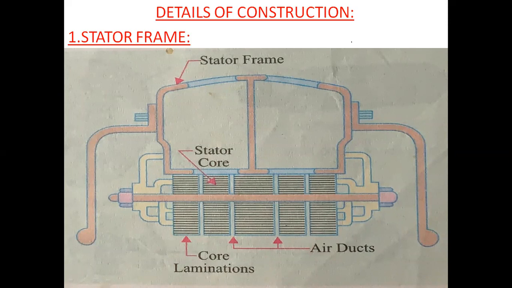But in an alternator, it is not meant for that purpose. It is used for holding the armature stampings and windings in position. After that we will go to the stator core. This stator frame holds the armature stampings and the windings in position.